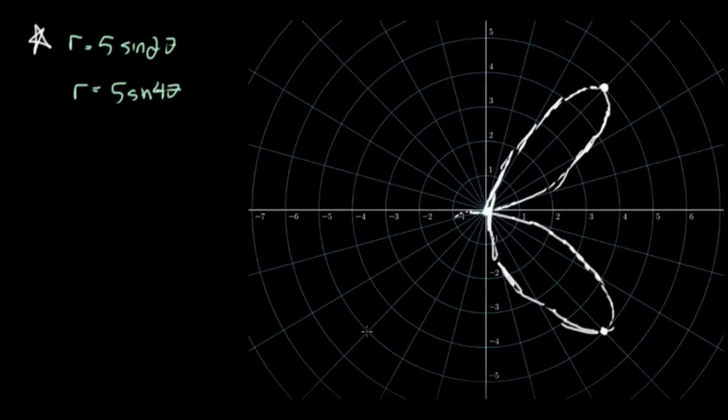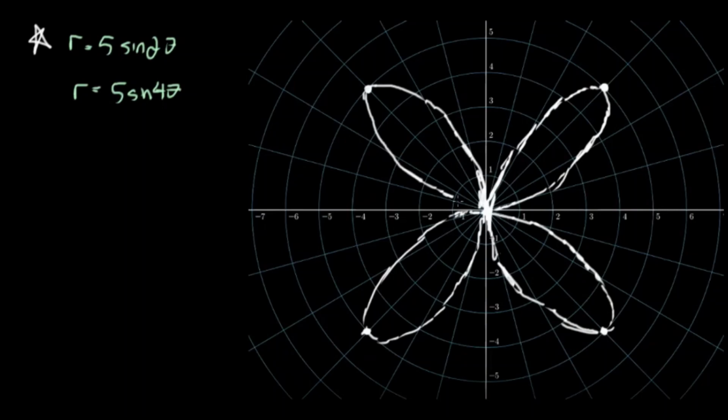We're going to get over up to positive 5. And then last but not least, we're going to get to 7 pi over 4, negative 5. Cool. So not the best, a little bit sloppy, but nonetheless.